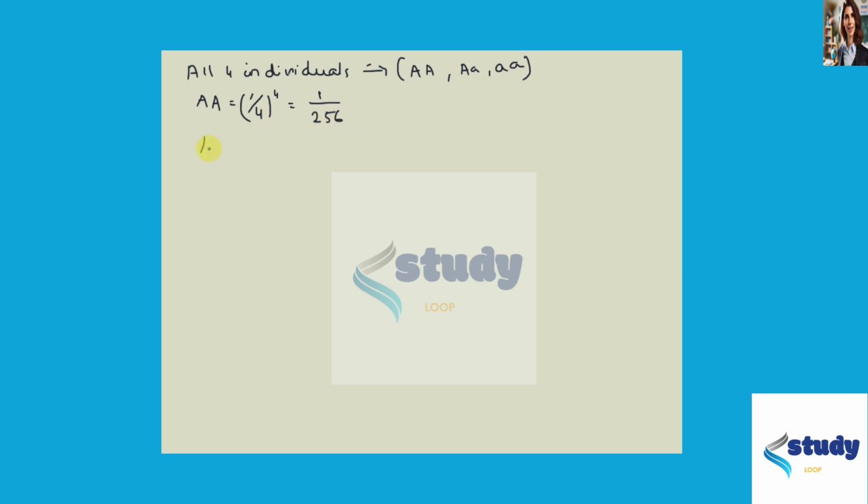For capital A small a, it will be 1 by 2 raised to 4, which is equal to 1 by 16. For small a small a, it will be 1 by 4 raised to 4, which is 1 by 256.